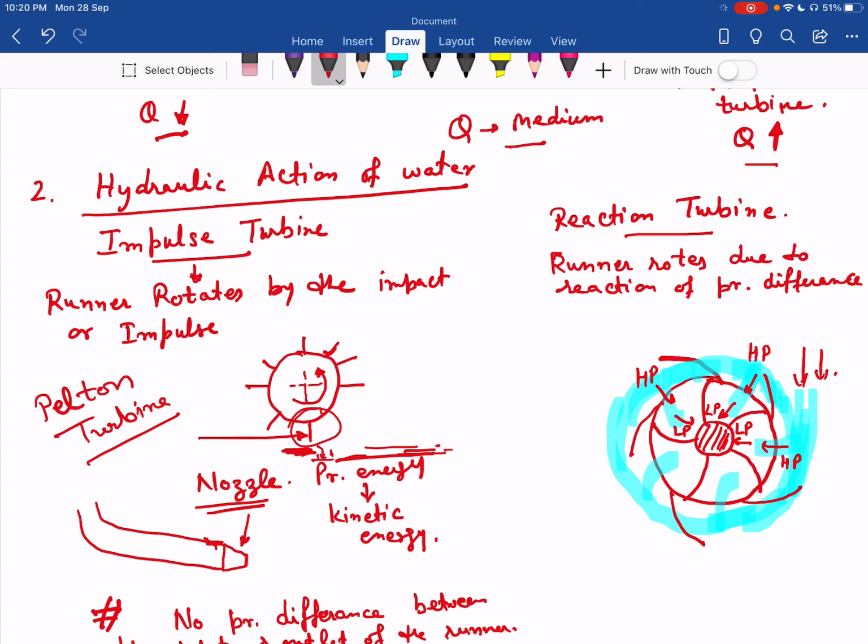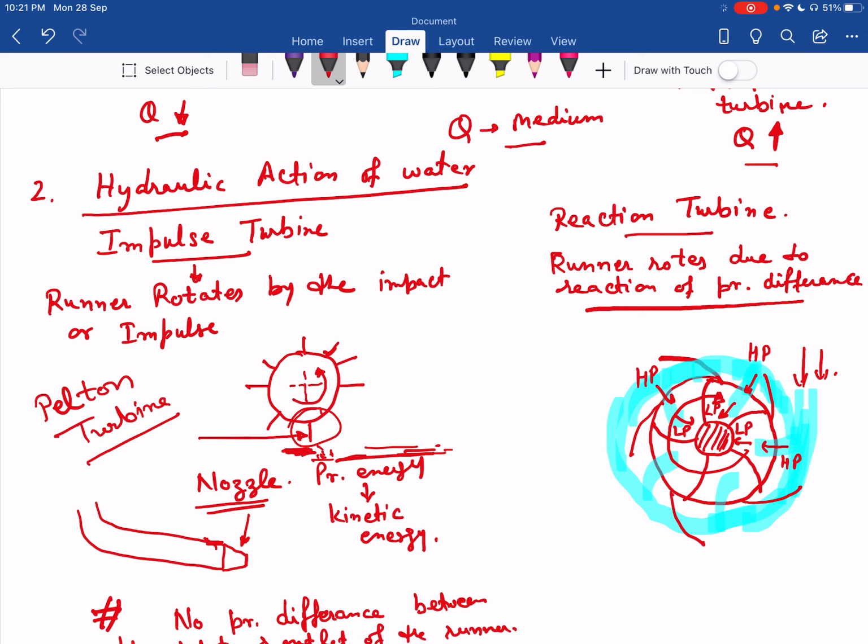Now you can see, due to this variation from high pressure to low pressure, this creates a reaction due to the pressure difference. It creates the reaction and this wheel starts rotating. This wheel starts rotating due to this reaction of pressure difference. So this type of turbine we call the reaction turbine.